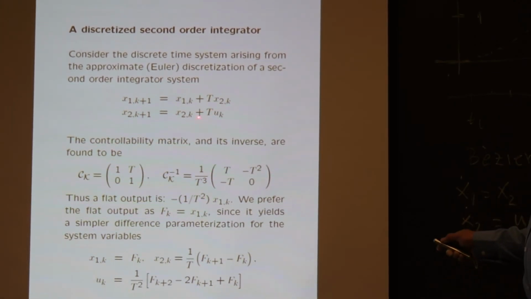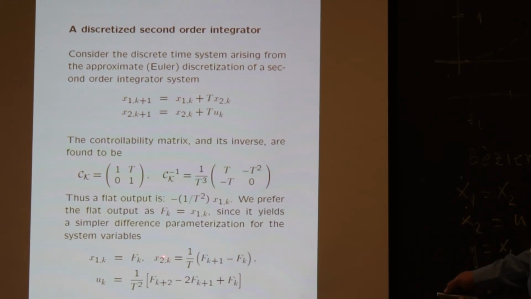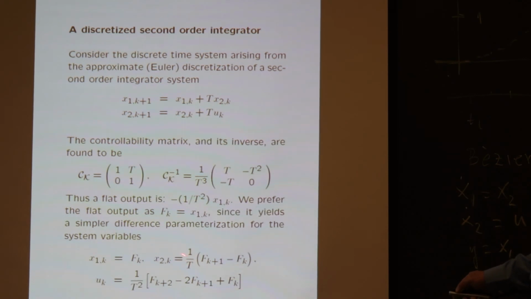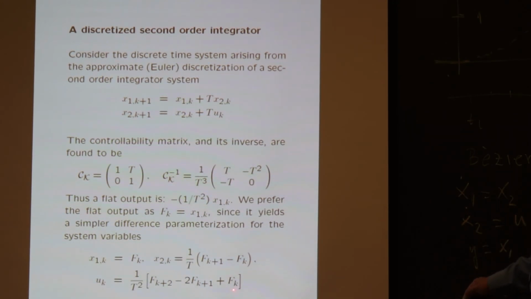And u would require a second advance of x1, a first advance of x2, a forward shift of x2, or two forward shifts of x1. So a forward shift of x2 is fk plus 2 minus fk plus 1, and then you add x2, which is this, you get minus 2fk, and you get plus fk here with the minus of x2.